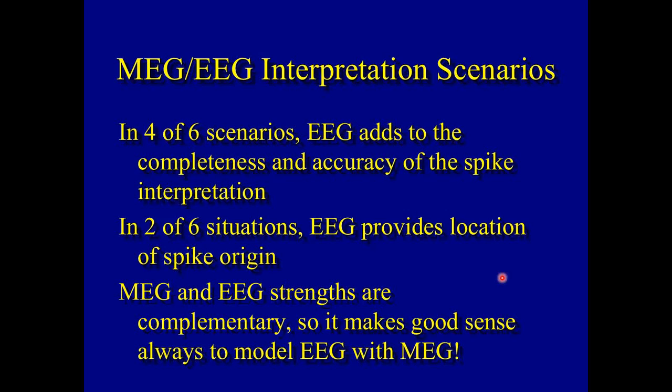So bottom line again, MEG and EEG strengths are complementary, so it makes good sense always to model EEG with MEG. I know this sounds like great common sense, but Overlook is essentially the only MEG center in the United States that models both MEG and EEG.